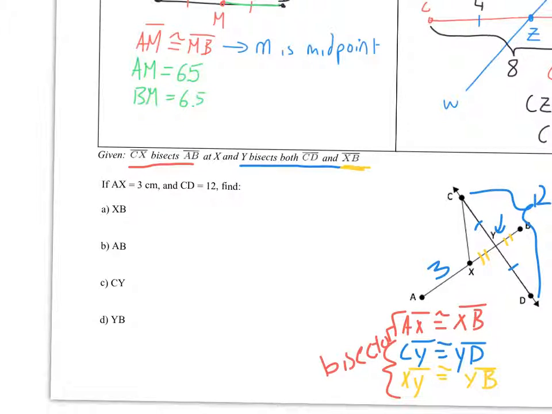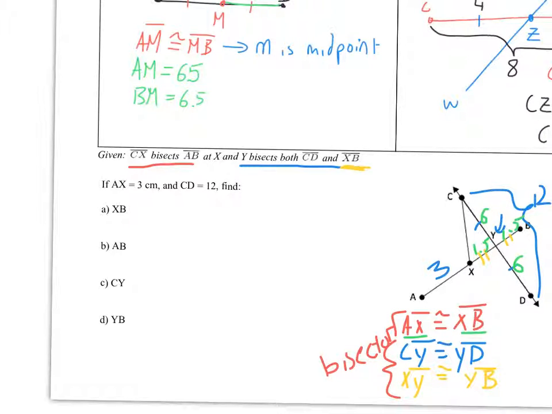Let's see what sense we can make of this. So if CD is 12, that means that it's cut into 2 equal pieces. Each half has got to be 6. And if AX is 3, based on that, I know that XB has to be 3 also. But 3 is cut into 2 equal pieces, so it's going to be 1.5 and 1.5.